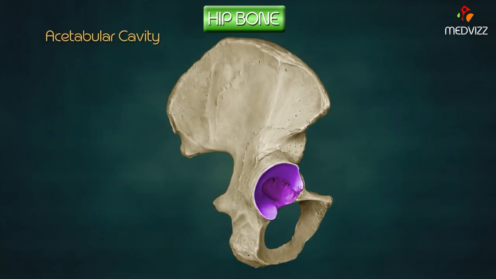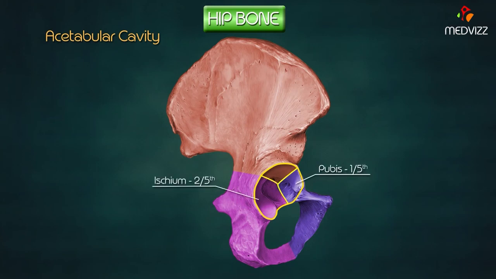The acetabular cavity. It is a deep hollow in the hip bone which faces laterally, downwards, and forwards. It articulates with the head of the femur. All 3 of the hip bones contribute to the formation of the acetabular cavity. Pubis, upper and anterior 1/5, ischium, lower and posterior 2/5, ilium, the rest of the cavity.